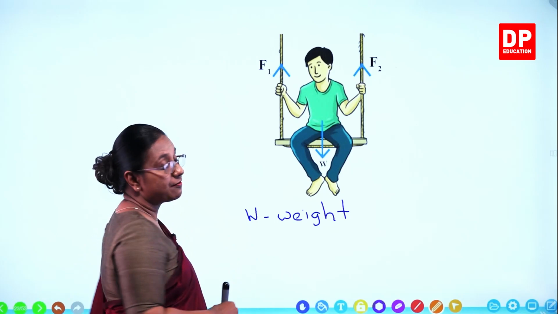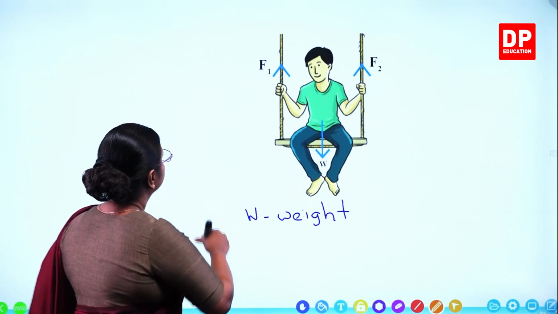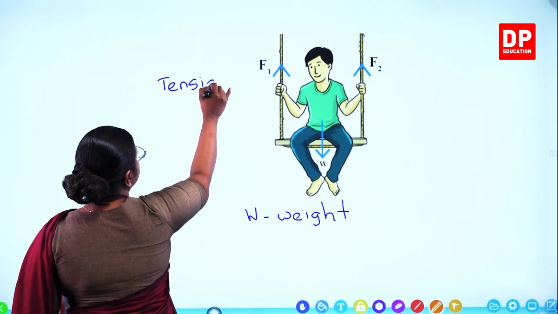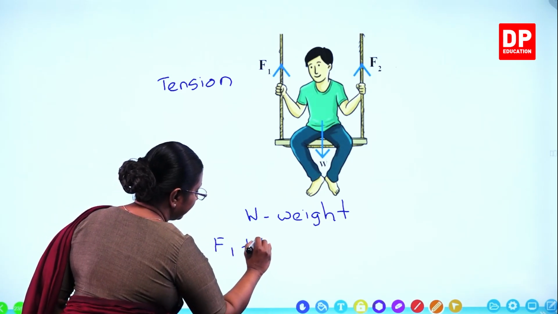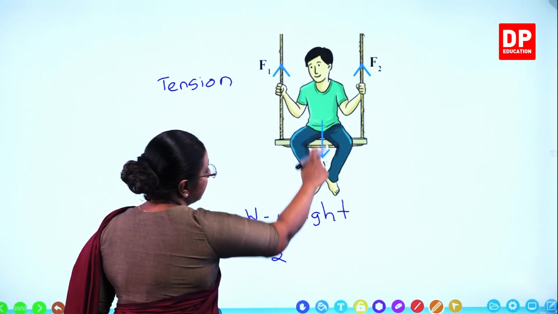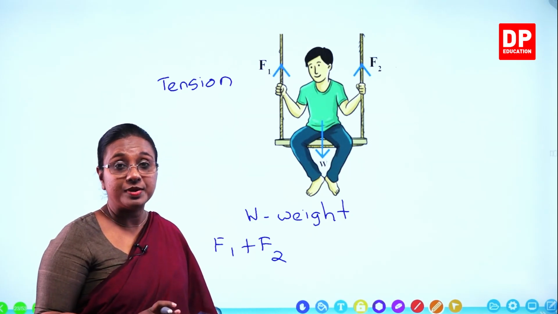Then what are the other two forces? What is marked as F1 and F2? Those are the tension. So F1 and F2, they are the tension. In order to satisfy the conditions, you can see here W is in one direction, F1 and F2, they are in the opposite direction.